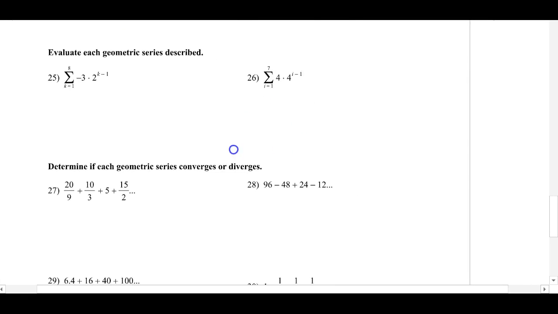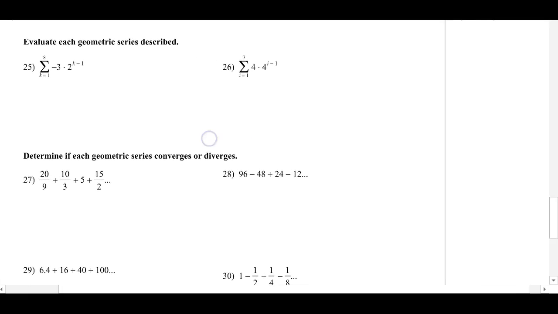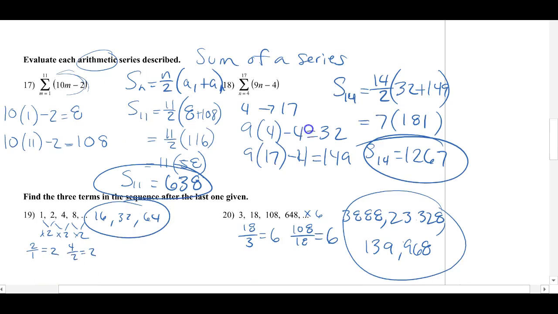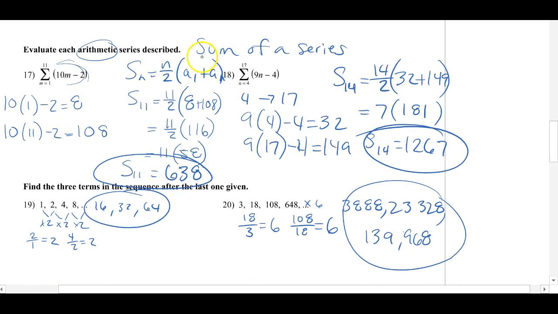Okay, so now evaluate each geometric series described. Whenever you see the sigma, that means we're looking for a sum. So here we're going to use the sum formula for a geometric series. If we go back here, we were finding the sum of an arithmetic series.